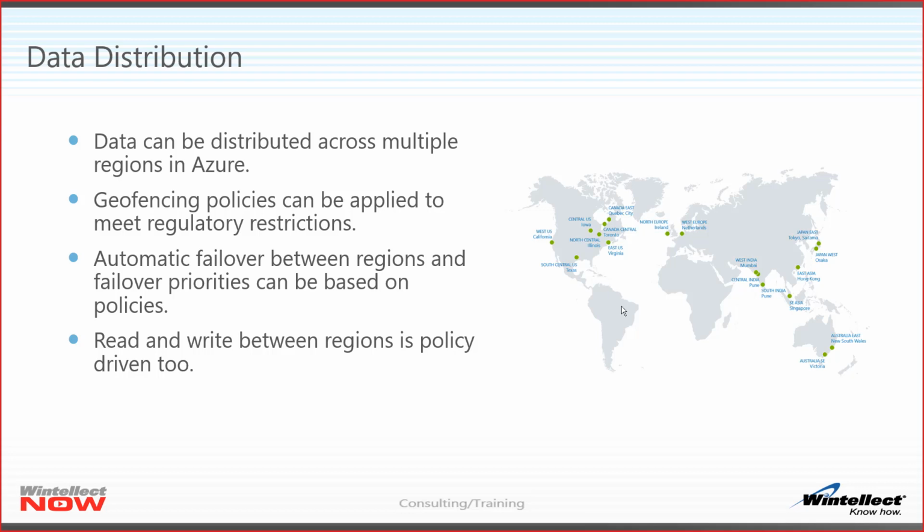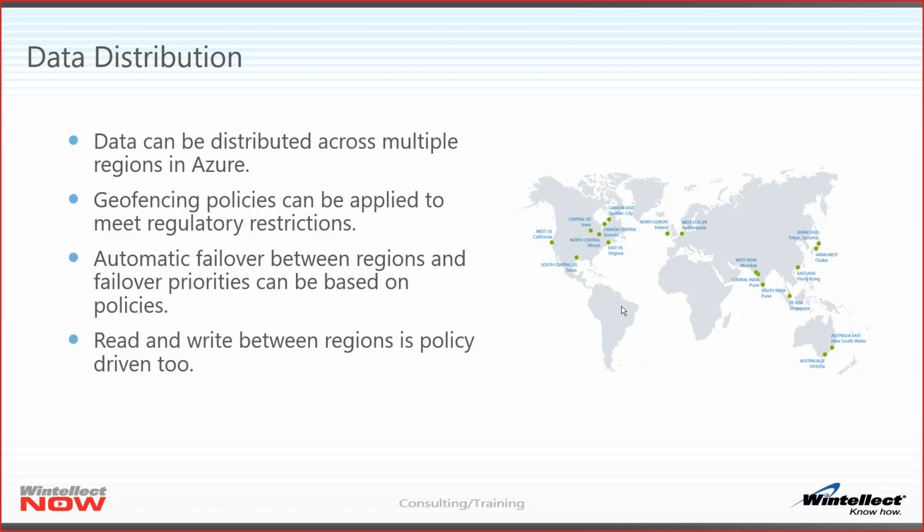So I need to make sure I'm not storing data there. I can put geofencing around my data, so certain data doesn't replicate to certain regions, but other data does. I can also do read-write between regions by policy. This can be policy-driven too.